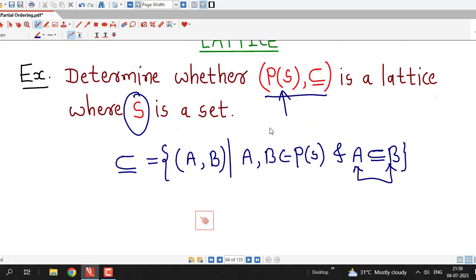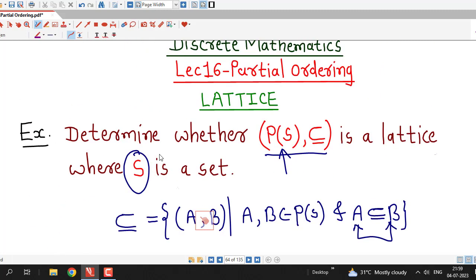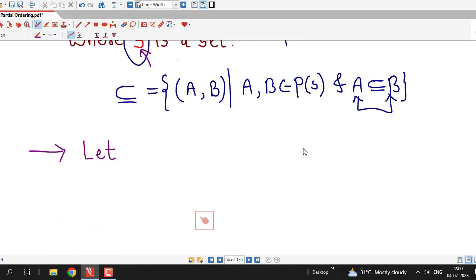Here we have to decide whether the power set of S is a lattice or not. For that we have to take two elements in the power set of S, and check whether the least upper bound and greatest lower bound exist for any two elements we have taken. We are not given which elements the set S has. We are given an arbitrary set, and we have to decide whether the power set of an arbitrary set is a lattice or not.